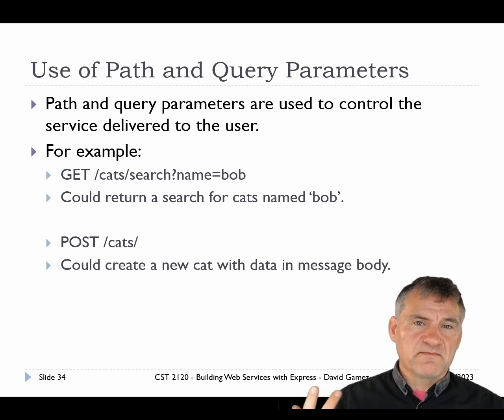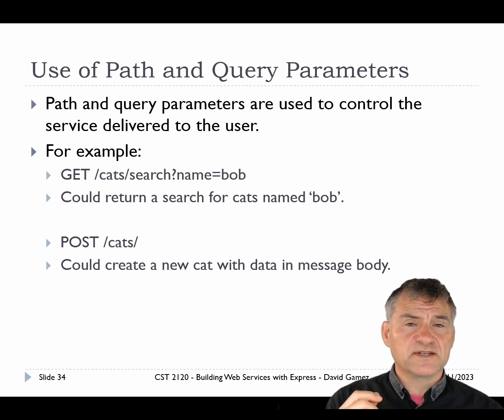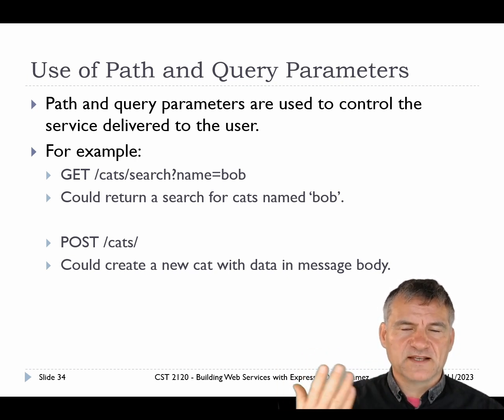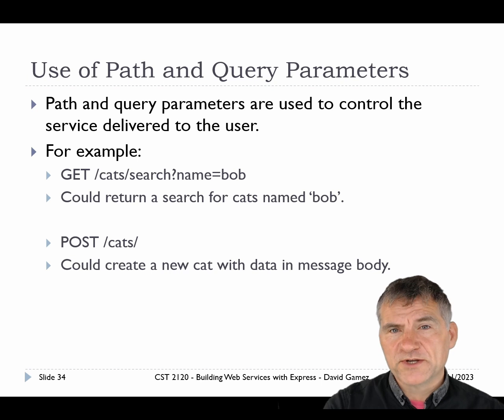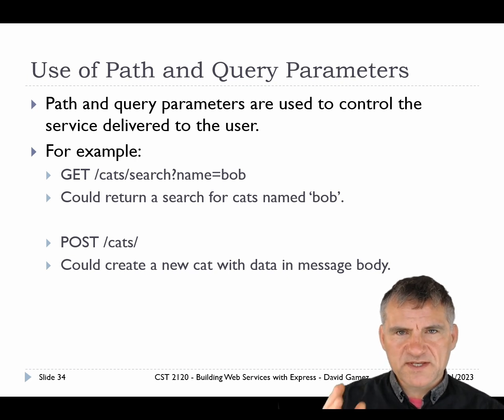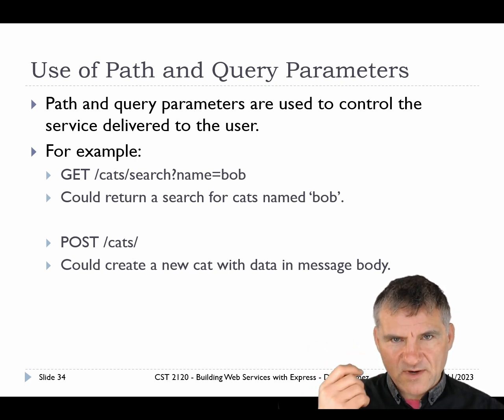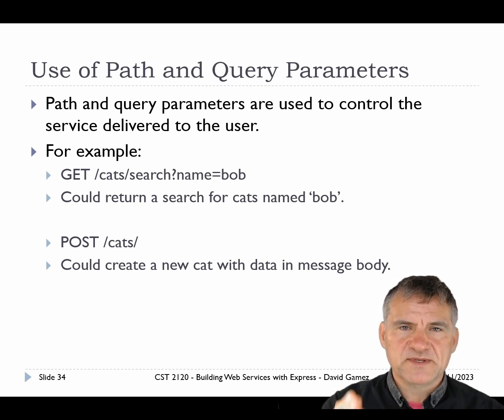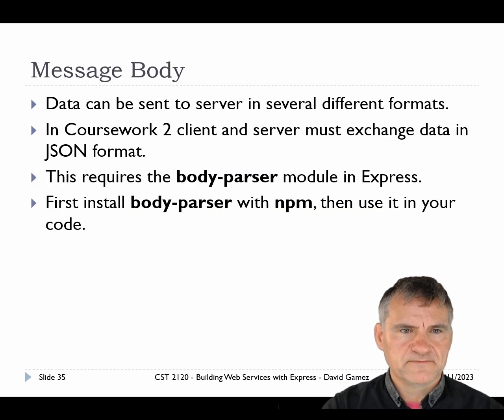Remember, POST is idempotent. No, sorry, it's not idempotent. So if I call POST cats with the same data 5 times, it'll create 5 different cats in my database, yeah? Whereas PUT, in theory, will only create 1 cat with that name and whatever values I've got for that cat. So using these query parameters and path, we're basically fine-tuning, we're determining the functionality of the web service and what data is returned by it.